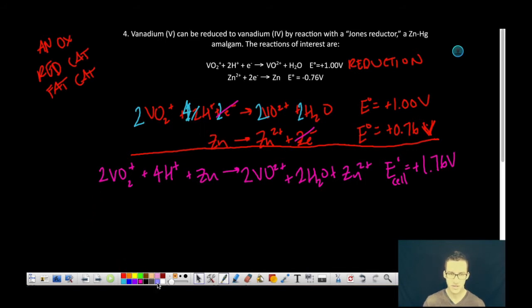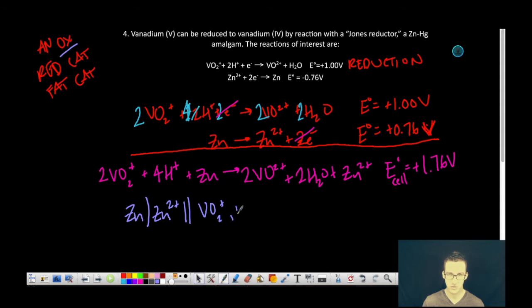If we were then to draw a cell diagram representing this galvanic cell, we would have our anode described first, which is the oxidation half reaction, which means we're going to start with our zinc electrode in a solution of zinc ions, separated by our salt bridge there, followed by, once again, I've chosen an example in which we have just a bunch of ions in solution, so we will need an electrode that is inert for those electrons to flow through and then reduce our VO2+ from the vanadium 5 ion, or vanadium with a positive 5 oxidation state, to a vanadium with a positive 4 oxidation state.